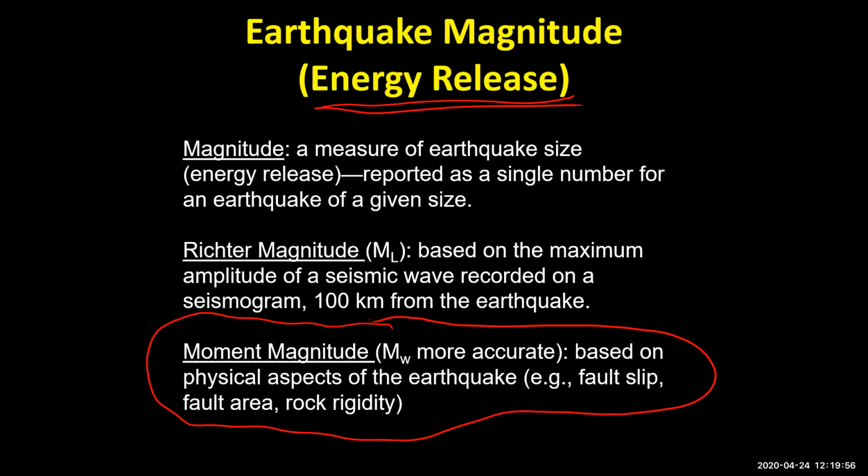Again, we're not going to go into much detail about moment magnitude, but the only thing I do want you to appreciate is that it's ultimately based on physical aspects of the earthquake, like the area of fault slip, how much the fault slipped and how rigid the rock was that slipped to create the earthquake. The Richter scale, in contrast, is what's known as an instrumental scale, and that just means that it's a parameter that we can determine from an instrument.